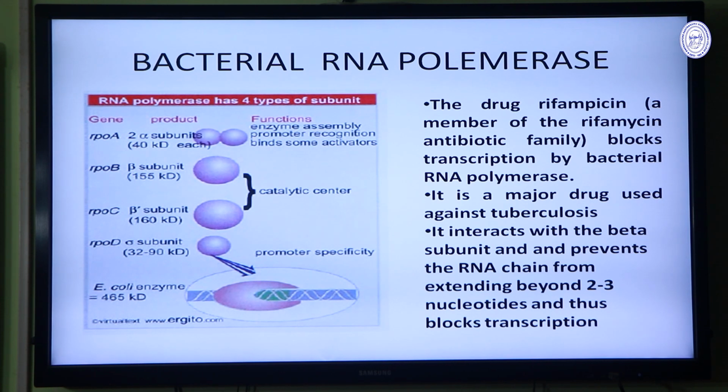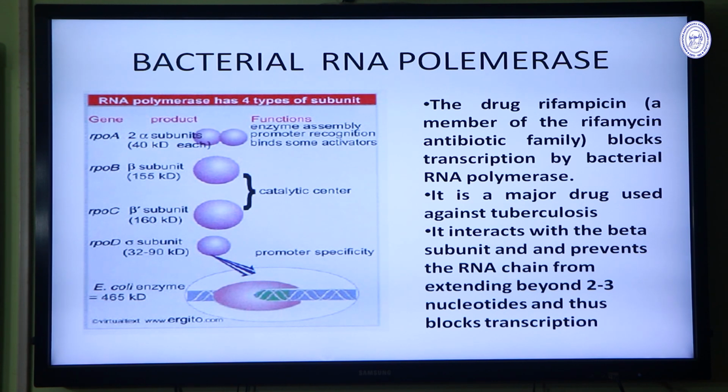subunit of RNA polymerase and prevents the beta subunit from its action in the progression of transcription. It blocks the initiation of transcription mainly prior to the formation of the first 2 phosphodiester bonds.